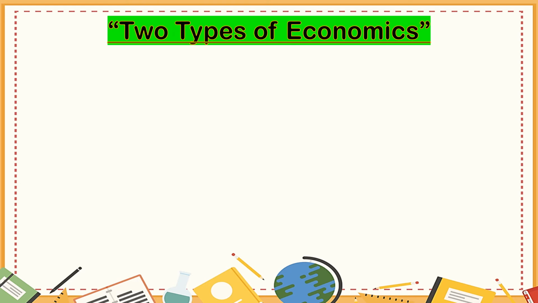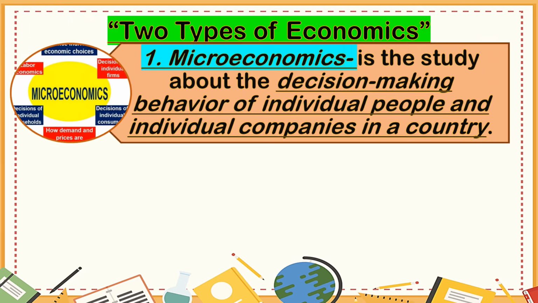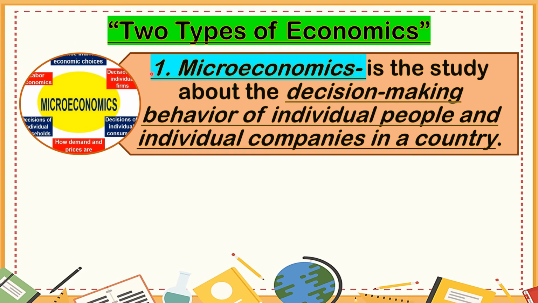Let's discuss the 2 types of economics. The first one is microeconomics. It is the study about the decision-making behavior of individual people or person and individual companies in a country. So this microeconomics is decision-making with limited number of people.